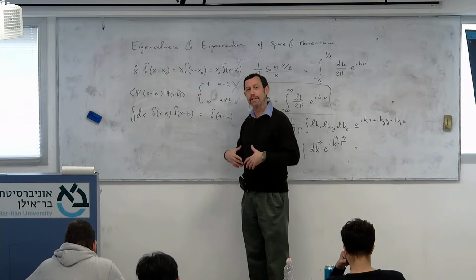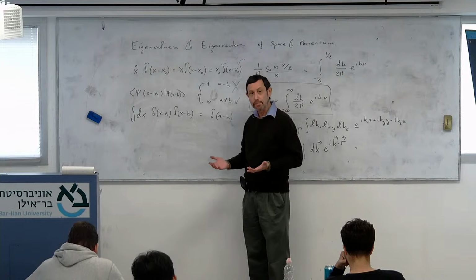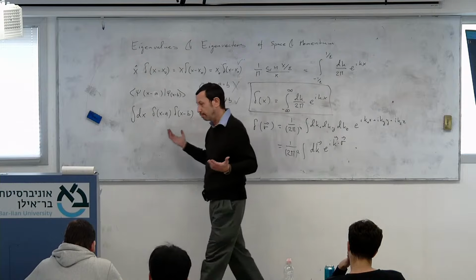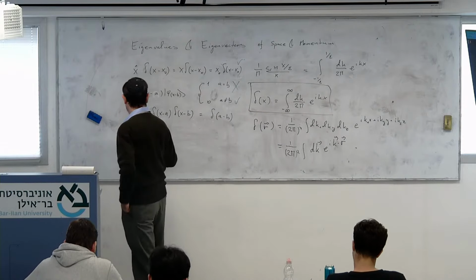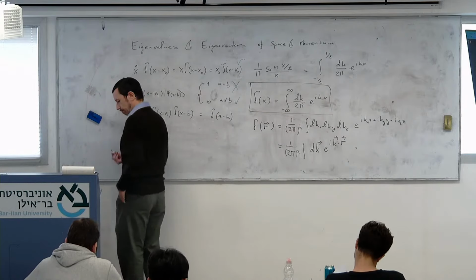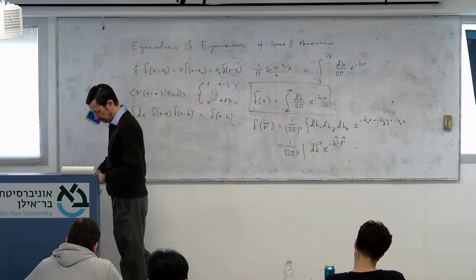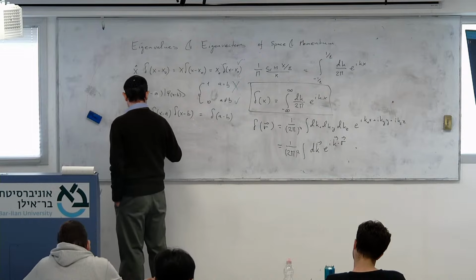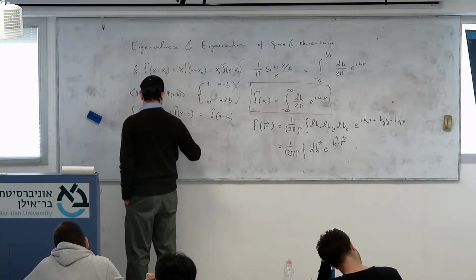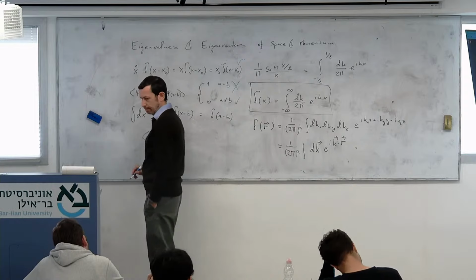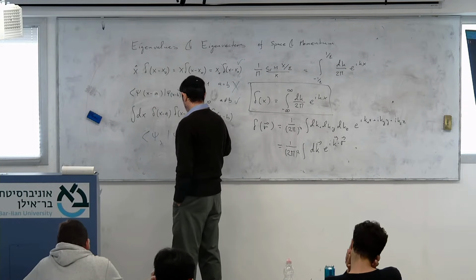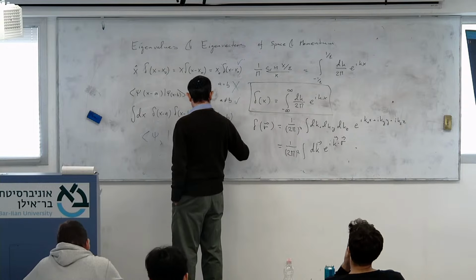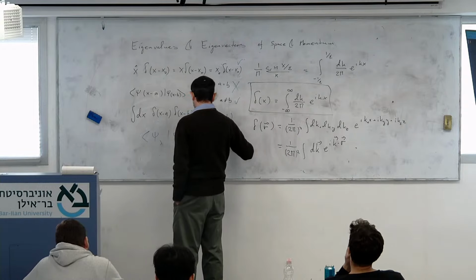So instead of being orthonormal, it's being Dirac orthonormal, which simply means, which states the same, and not 1.